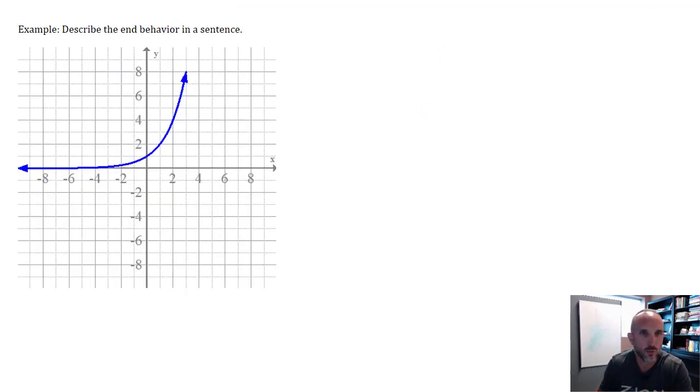All right, let's look at the right end. On the right end, we can see that as x goes to positive infinity, y is going to keep growing forever, so y also goes to positive infinity. The left end is a little bit different this time.